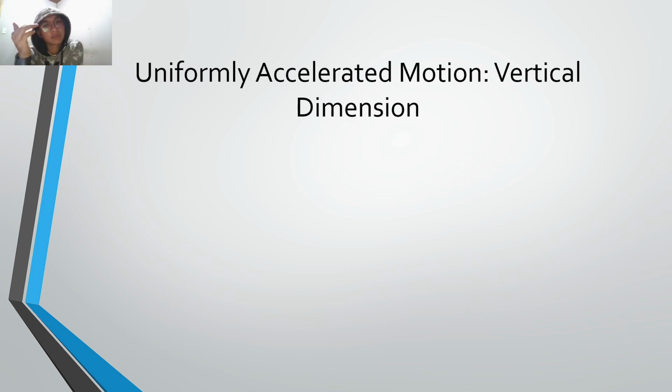Uniformly accelerated motion. As I mentioned in the previous video, uniform. For sure, when you wear a uniform, it means you all wear the same thing: the same color on top, the same color on your pants. So what is uniform acceleration?